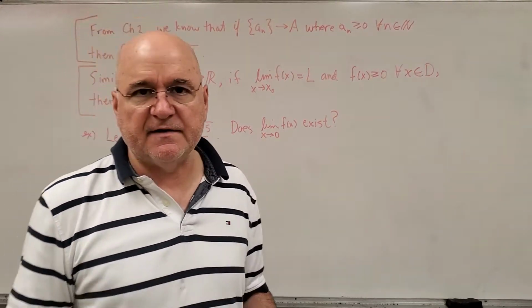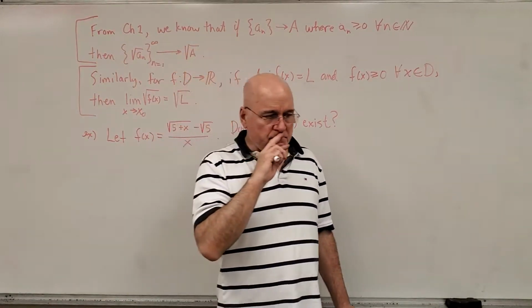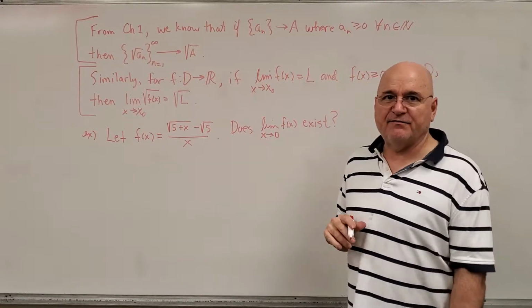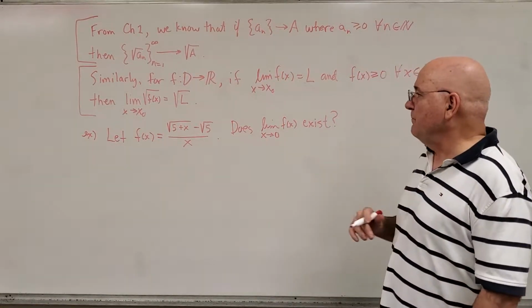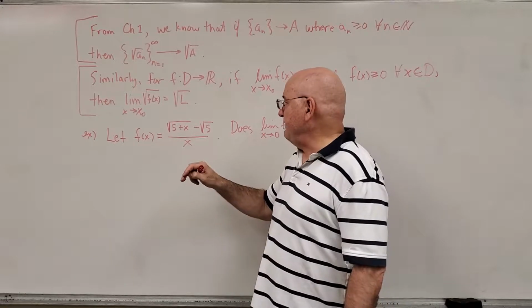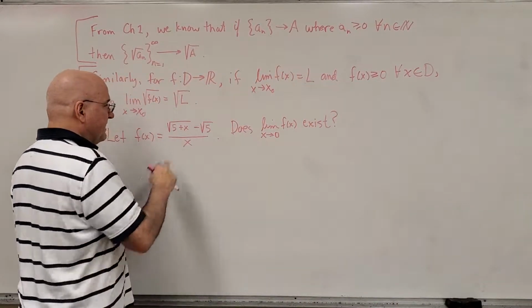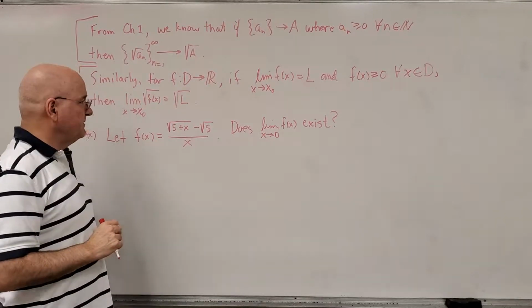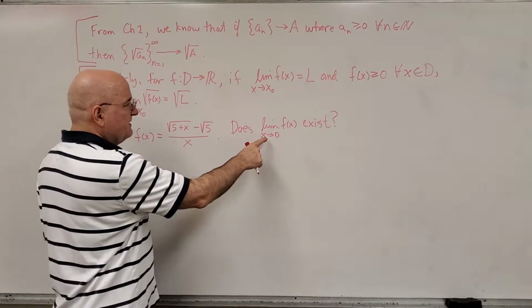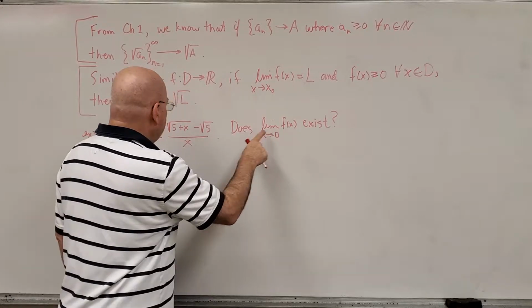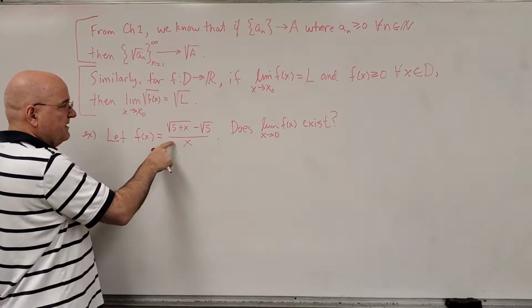In the previous video we talked about just some mathematical facts. So, we're going to start with f of x being this function, radical 5 plus x minus radical 5, over x. And the question is, does the limit as x goes to 0 of f of x exist?